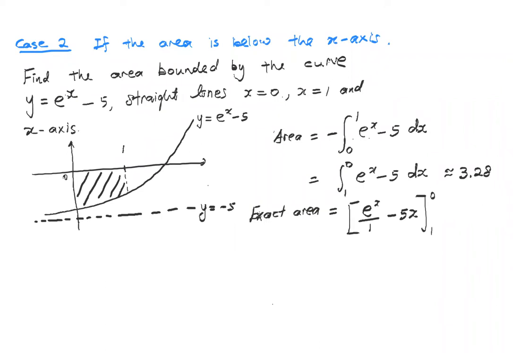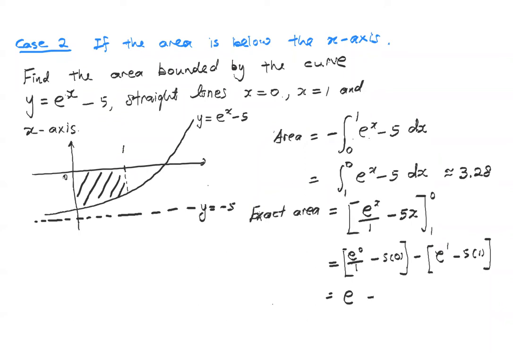Understand? Especially exponential. Okay, this will be e to the power 0 divided by 1, take away 5 times 0 which is 0, take away e to the power 1, take away 5 times 1.